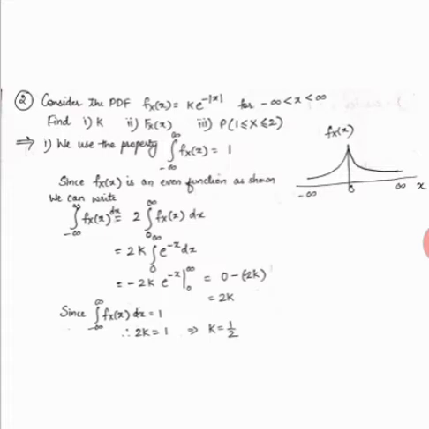So we put the upper limit first, that is e raised to minus infinity, which is going to be 0, minus minus of 2k into e raised to 0, which is 1. So we will be getting 2k. Alright, then we use the property that the integral from minus infinity to infinity of fx of x dx is equal to 1. So 2k will be equal to 1. From this again we get k is equal to half.